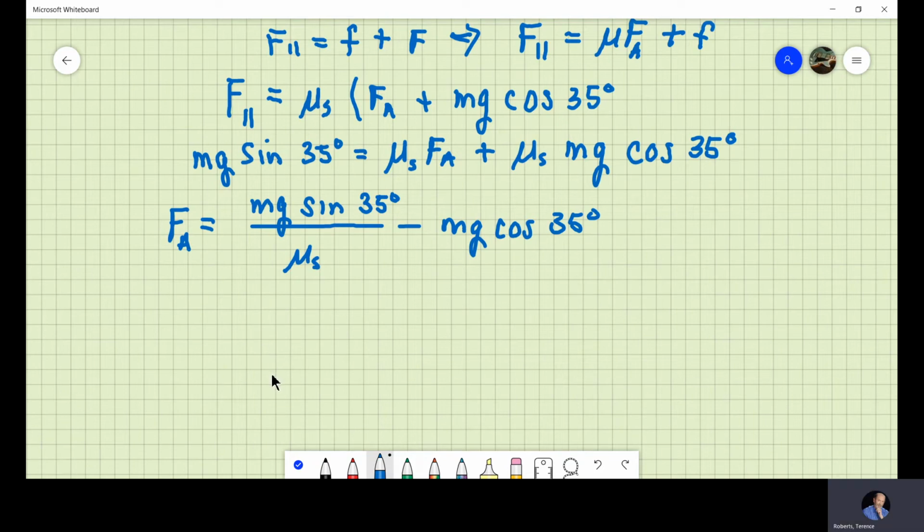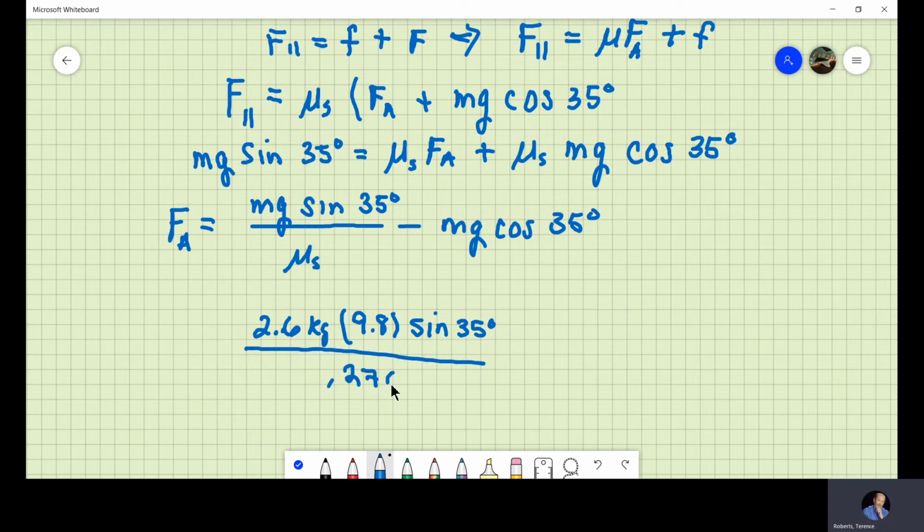Okay, so we have a mass of 2.6 kilograms times 9.8. I'm not going to put the units in for that. The sine of 35 degrees, all divided by 0.270 minus 2.6 kilograms, 9.8 times the cosine of 35 degrees.